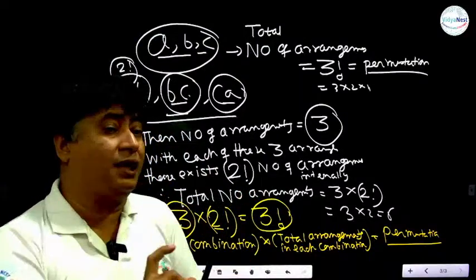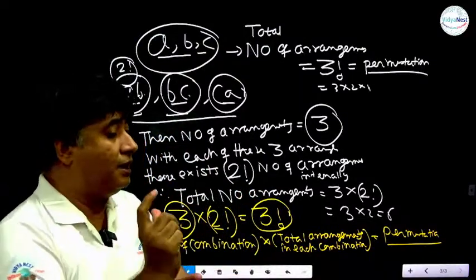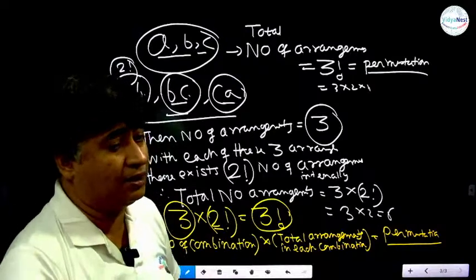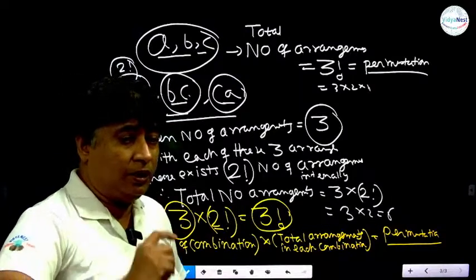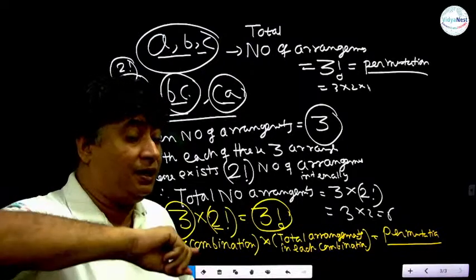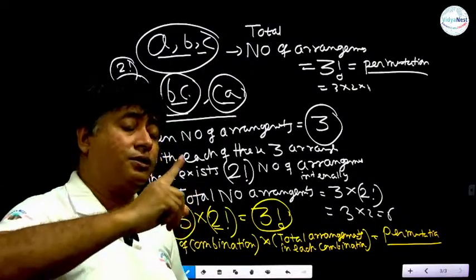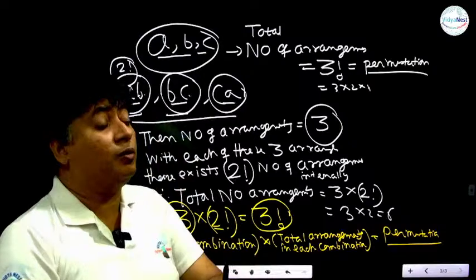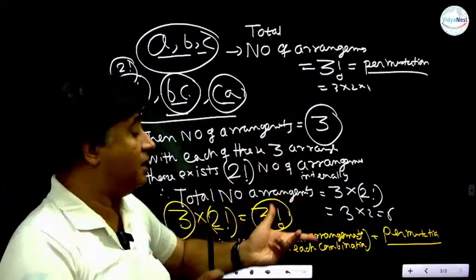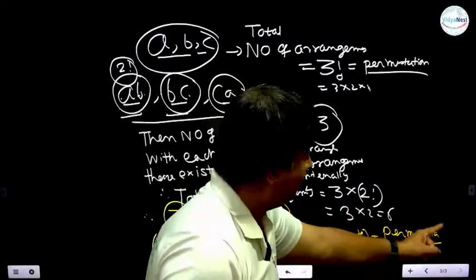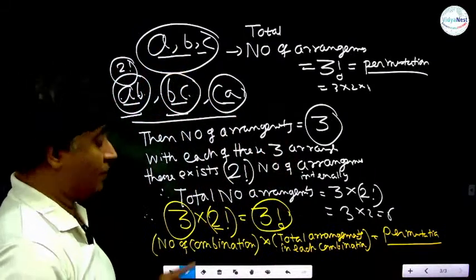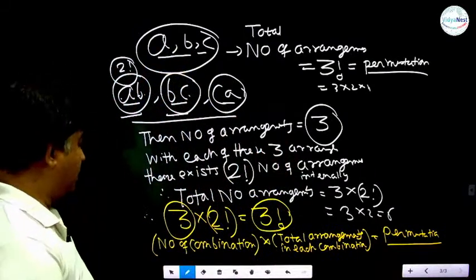Each group contains 20 students. So if you multiply each class's students' total arrangement with the number of classes, you will get the total number of students' arrangement. Understand? So, got it?